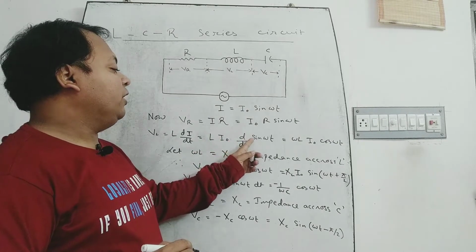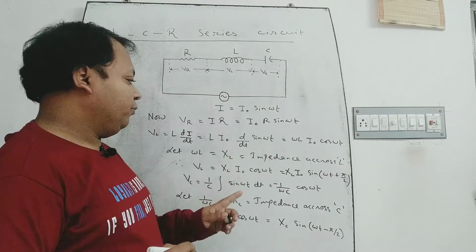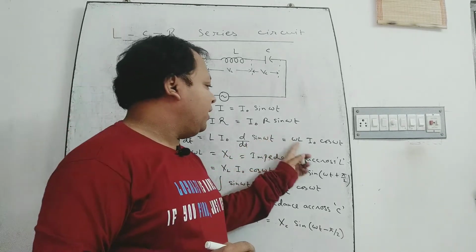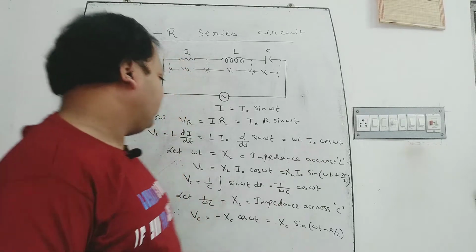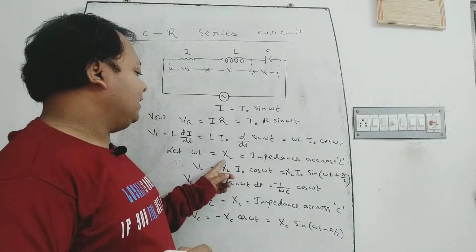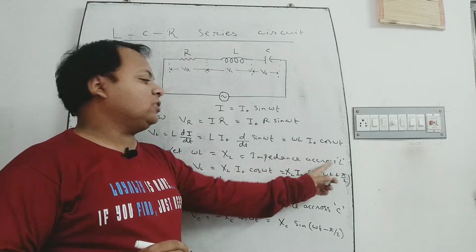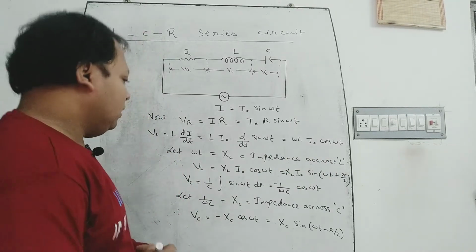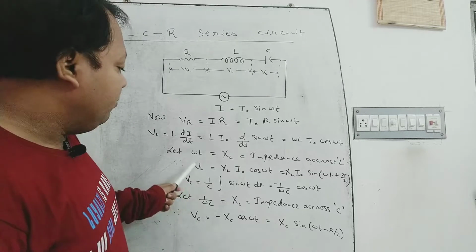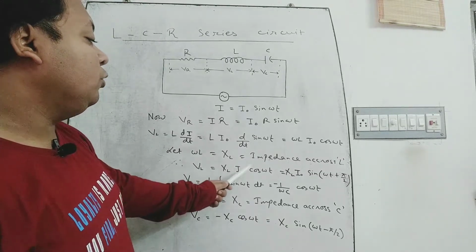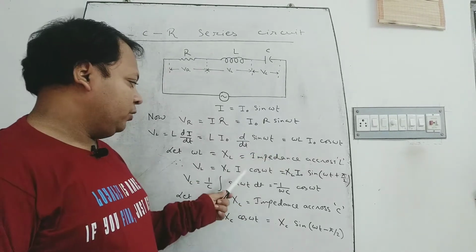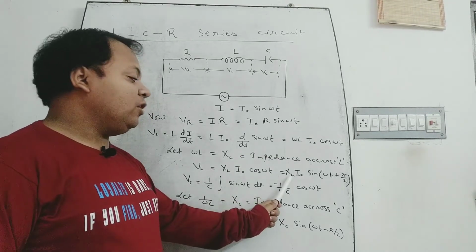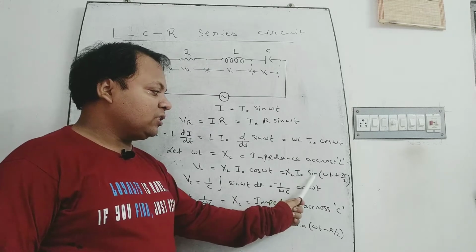This is equal to L I0 times the derivative of sin ωt, which is ωL I0 cos ωt. Let ωL equal XL, the impedance of inductor L. Therefore, VL is equal to XL I0 cos ωt, which is equal to XL I0 sin(ωt + π/2).